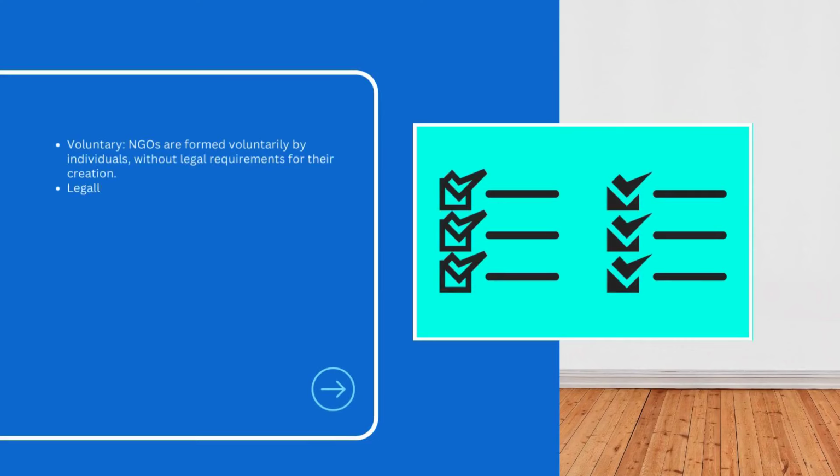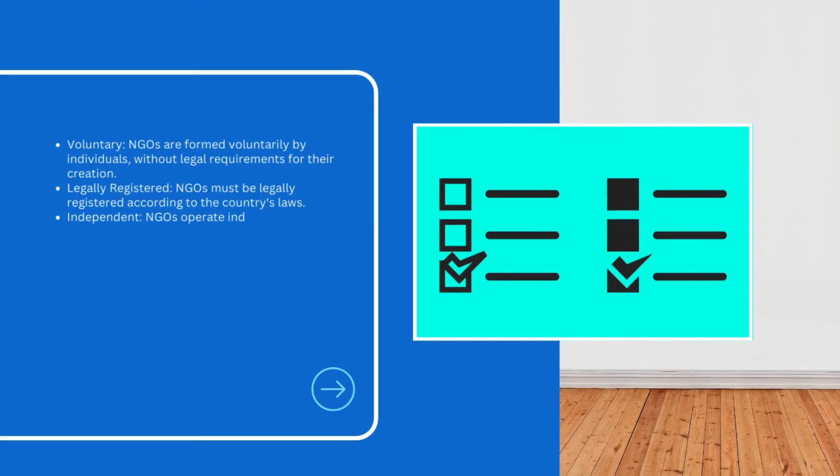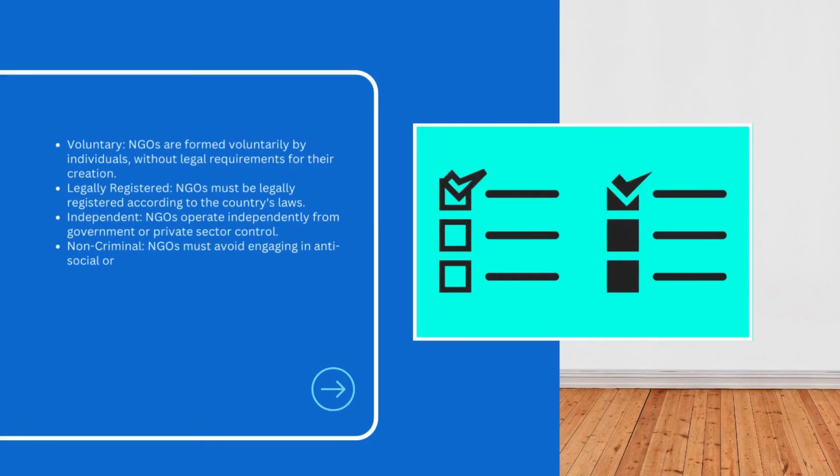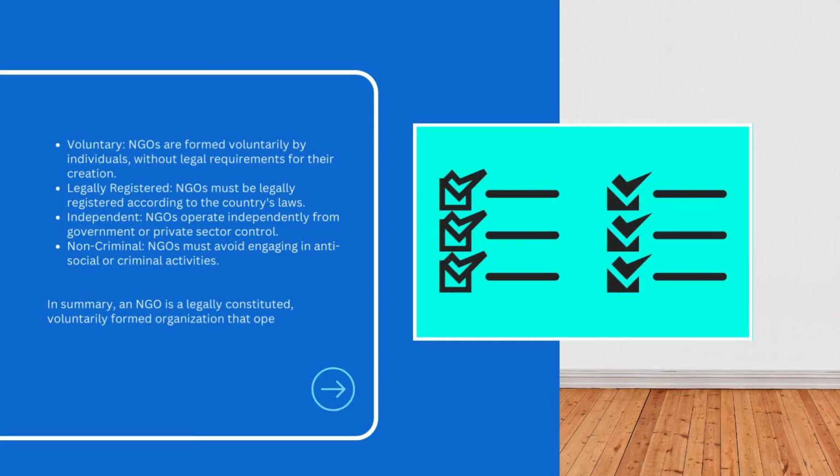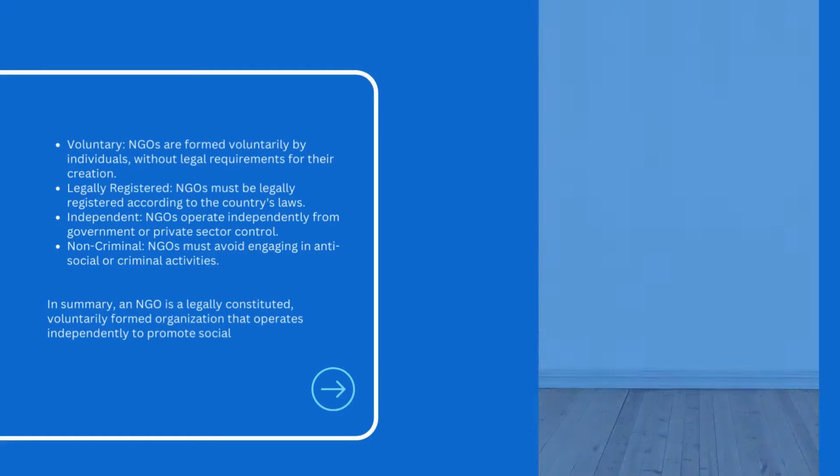Legally registered. NGOs must be legally registered according to the country's laws. Independent. NGOs operate independently from government or private sector control. Non-criminal. NGOs must avoid engaging in antisocial or criminal activities. In summary, an NGO is a legally constituted, voluntarily formed organization that operates independently to promote social welfare.